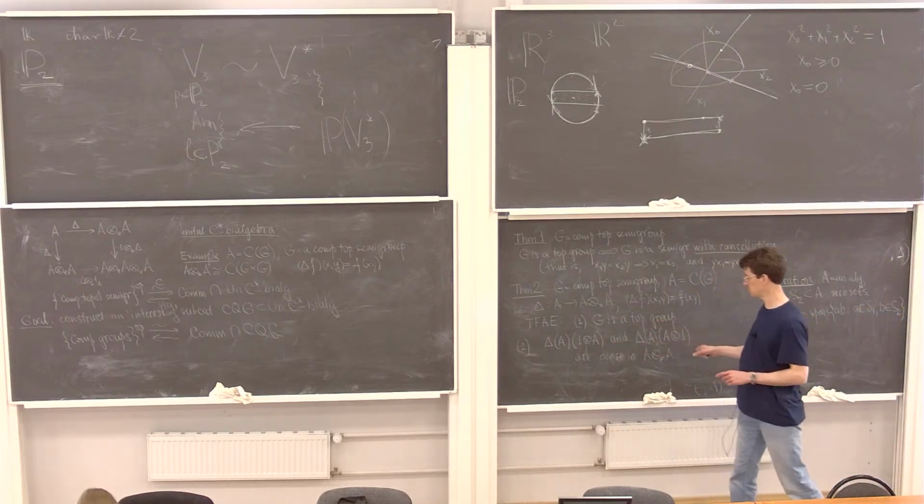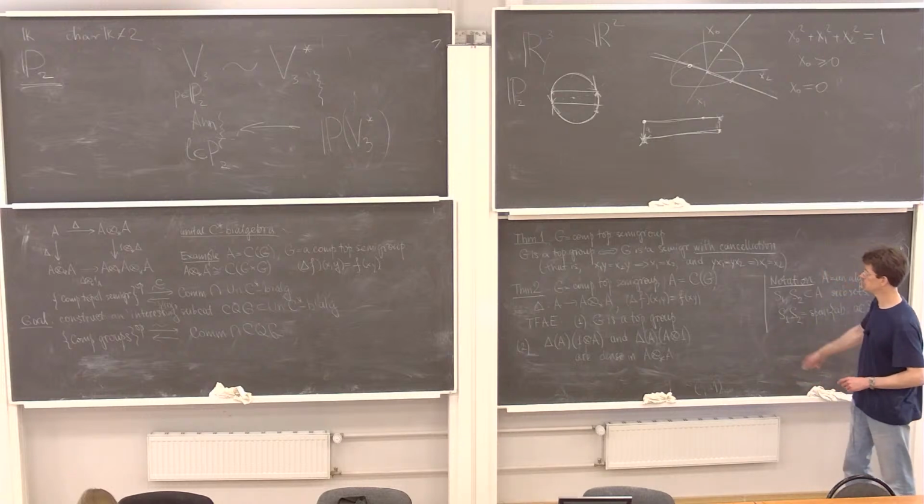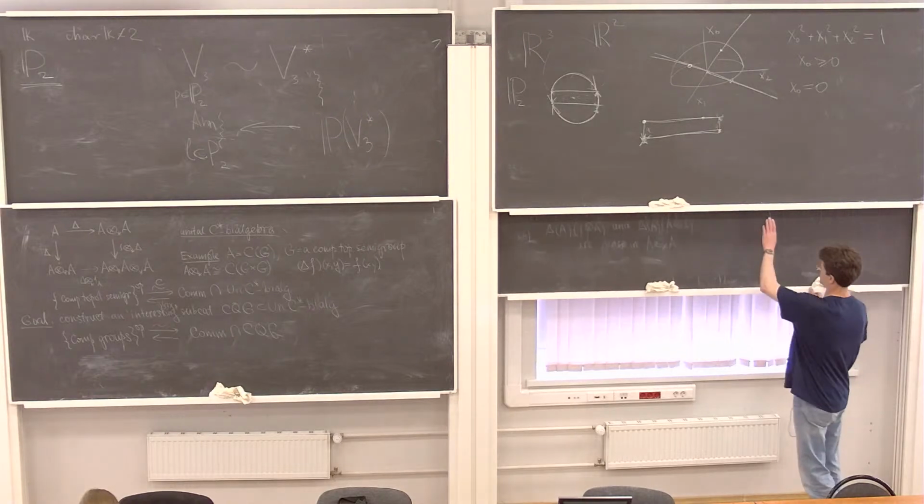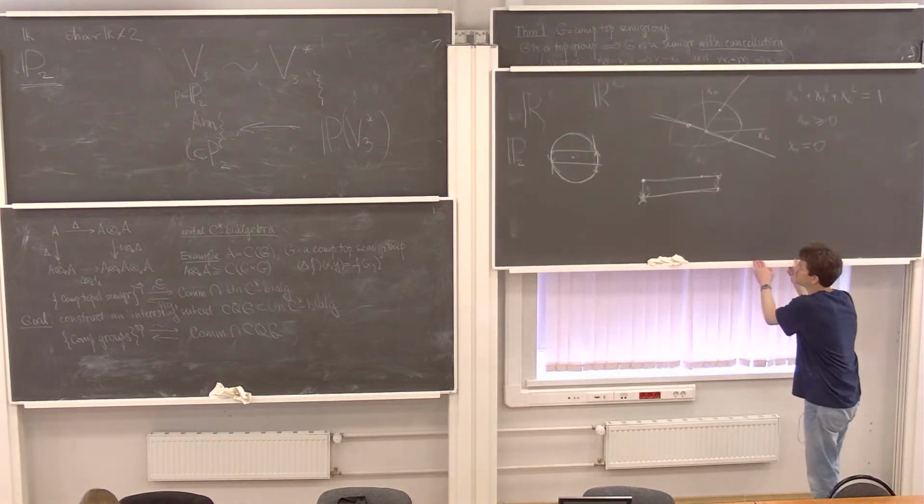So this property 2 is actually equivalent to the cancellation property of G. That is what we want to show now.